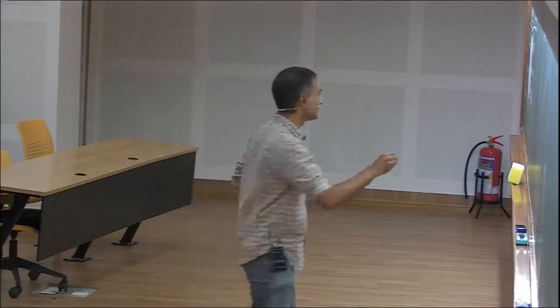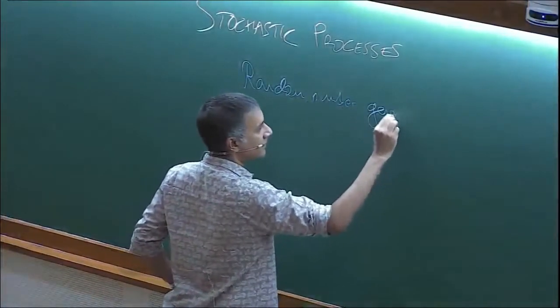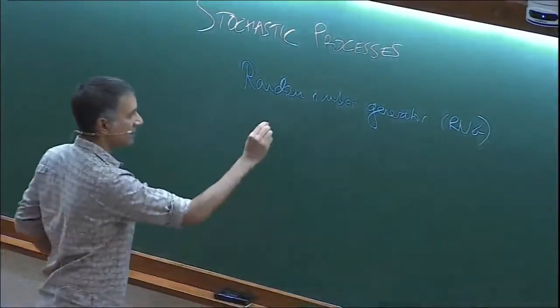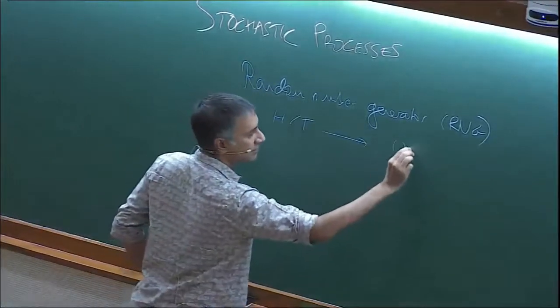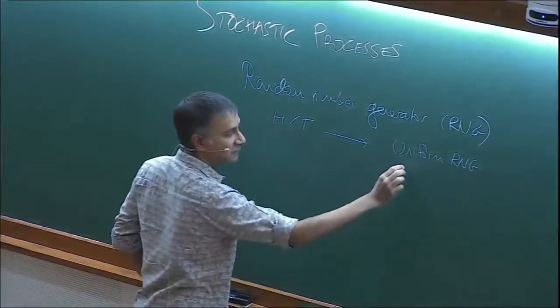Any ideas? How would you use a coin flip, this head or tail decision, to make, for example, a uniform or, for example, a Gaussian?